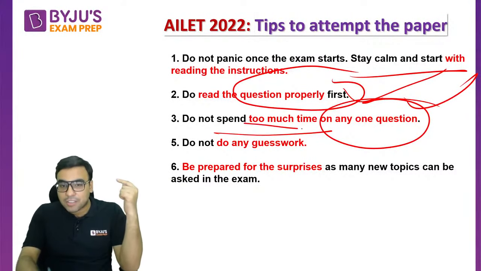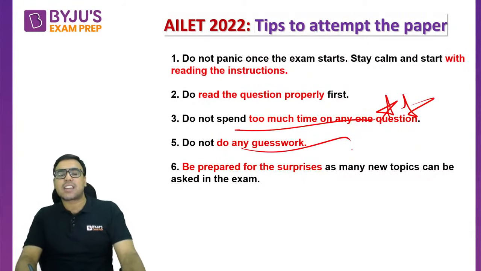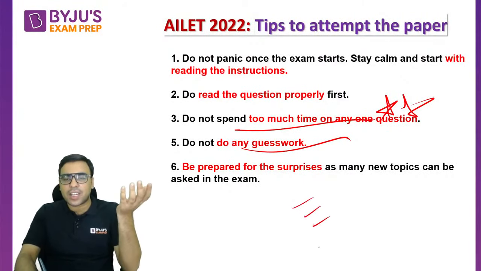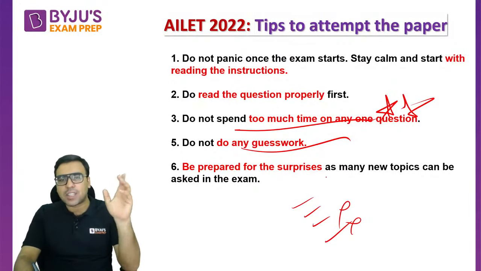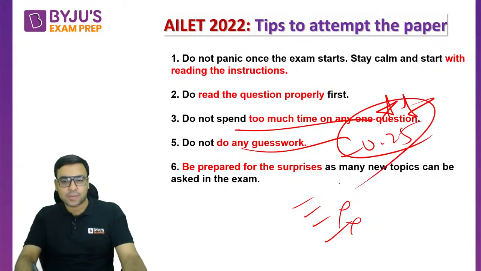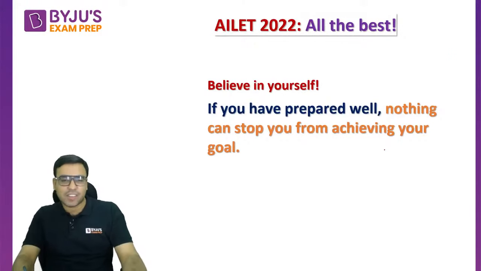So do not give too much time to one question. This is very, very important. And since there is negative marking, if you do not know it, leave the question. If you have some idea, let's say you have eliminated 2 options, then yes, you can go for one of them. But if you do not have any idea, please do not guess, because there is minus 0.25 negative marking if you are wrong. And I have told you, be prepared for surprises, because surprises are always there.